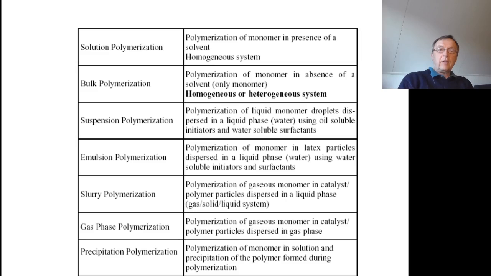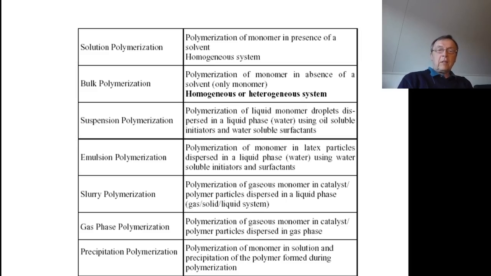This is done by the addition of an initiator to the monomer, and this can either be homogeneous if the polymer is soluble in its own monomer, or it can be heterogeneous. That means two phases form during the reaction if the polymer is not soluble in its own monomer.